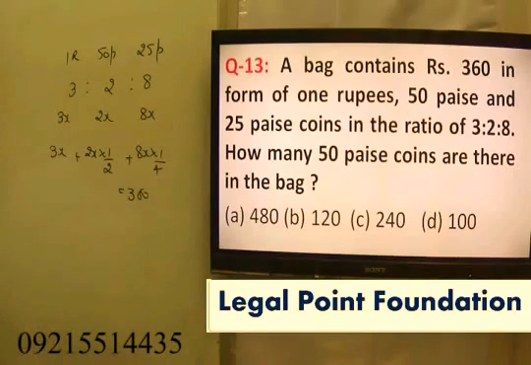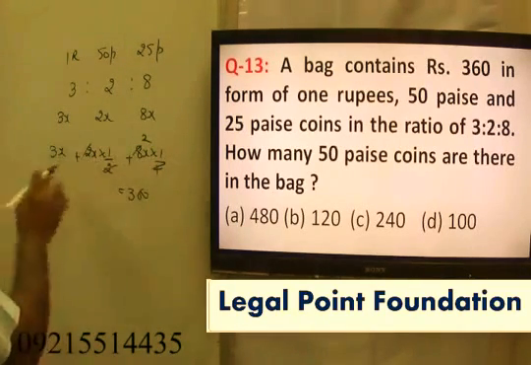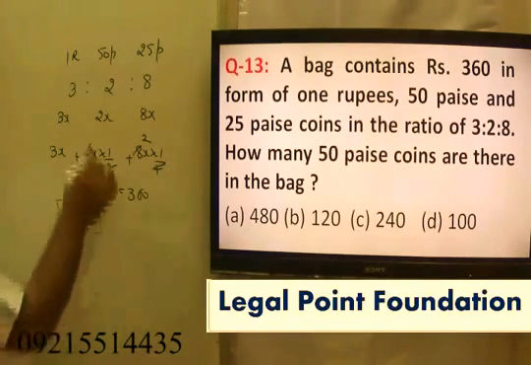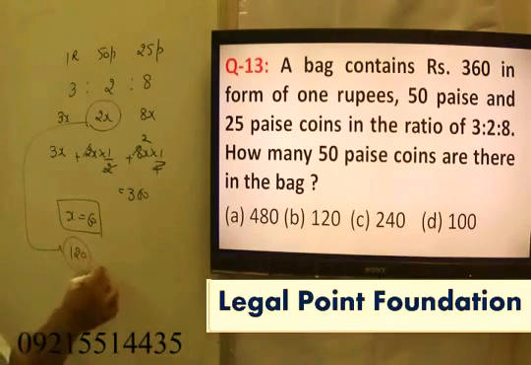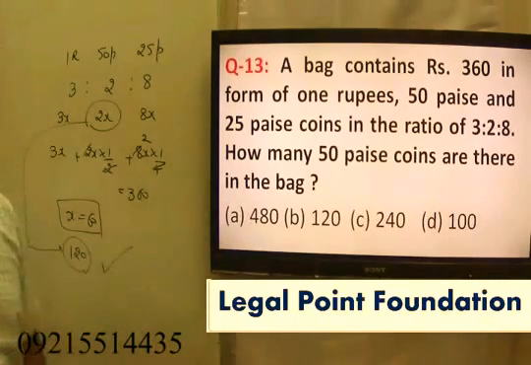You have to just find the value of x. This would be cancelled out, this will go 2x, 3x and 3x, 6x. x will be equal to 60, so I can say the 50 paisa coins number 120. 120 coins becomes my answer. So here I can say the answer to my question is B, 120.